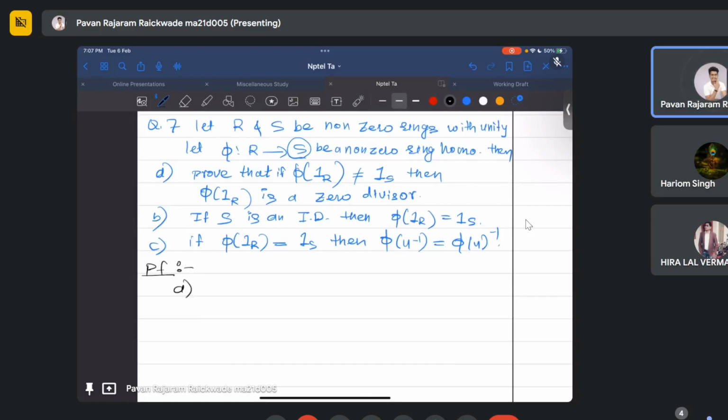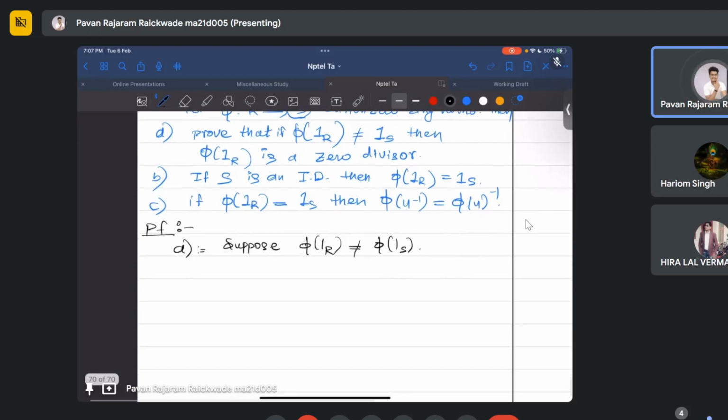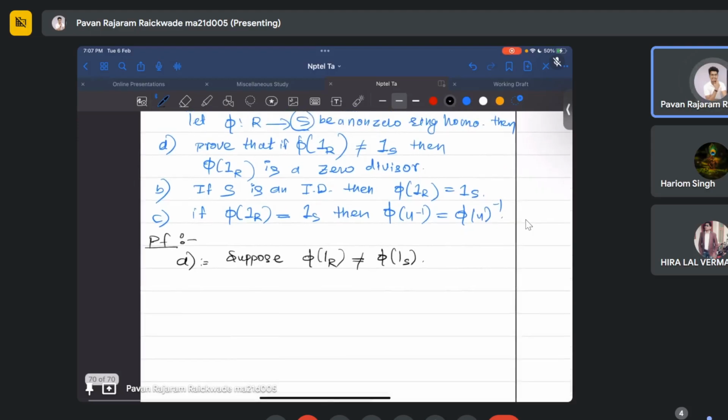So A, suppose phi of 1R is not the same as 1S. How can I show that this is a zero divisor? I have to multiply it with something and get zero, with a non-zero element.